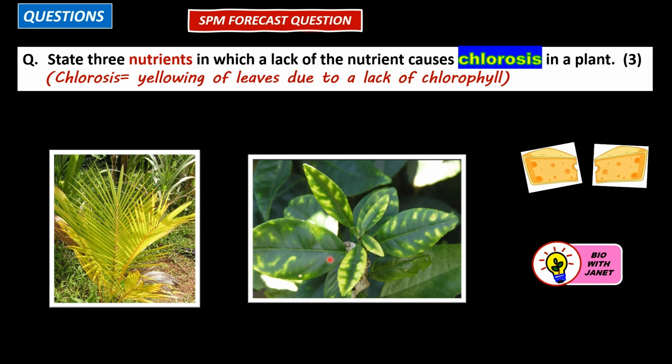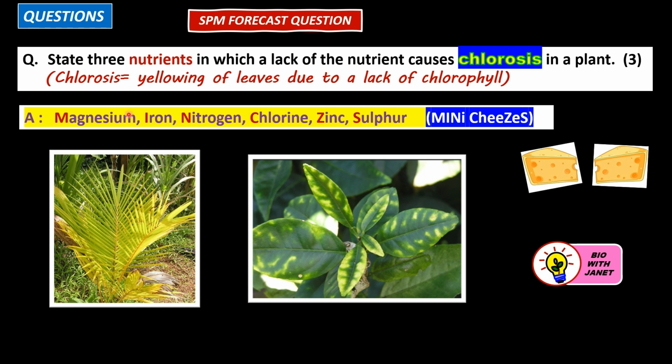So can you recall 3 nutrients which are important to the plant, in which a lack of the nutrient can cause chlorosis? Right, so here we have 3 nutrients or more. They are magnesium, iron, nitrogen. These are the 3 main nutrients that are important to prevent chlorosis, but there are others like chlorine, zinc, and sulfur.